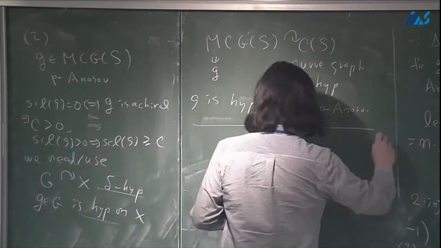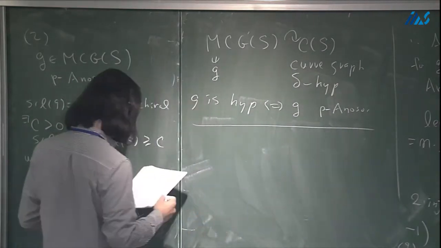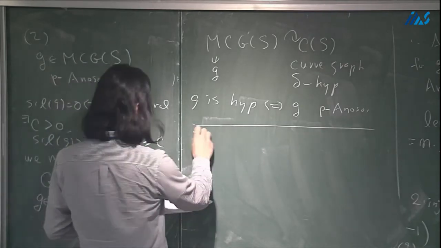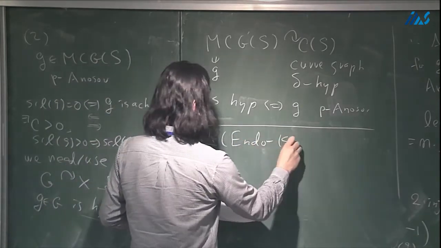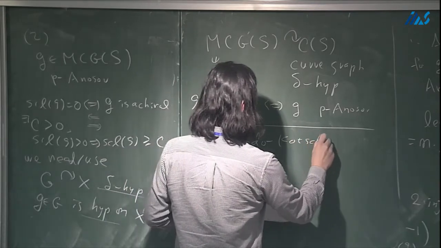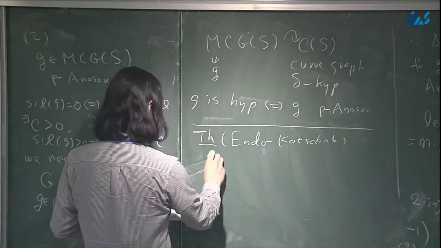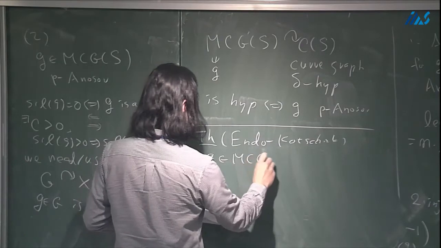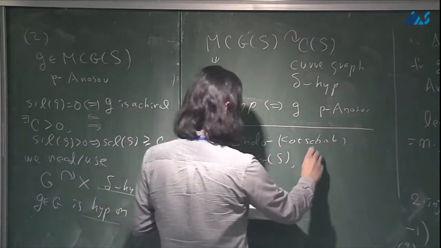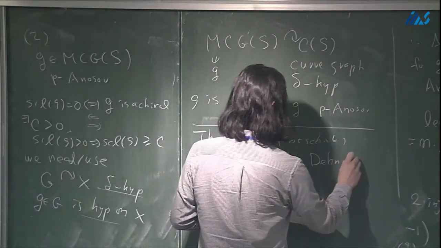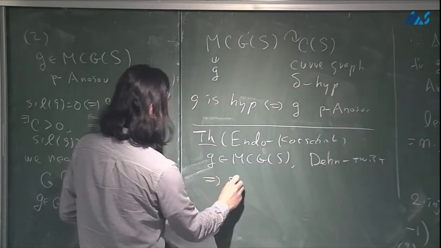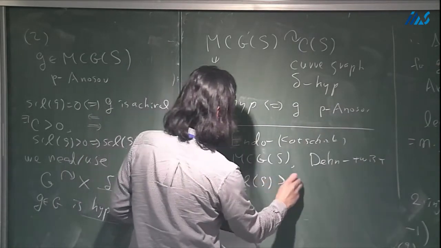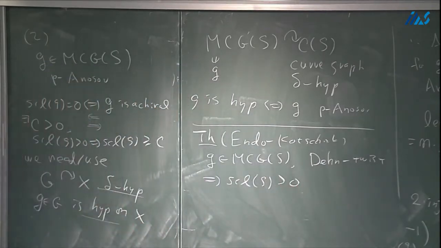But nevertheless, there is the other case, which is known. That's a theorem by Endo and Kotschick, who say that if you have a mapping class which is a Dehn twist, then they prove the stable commutator length is positive. Okay, so they proved it.